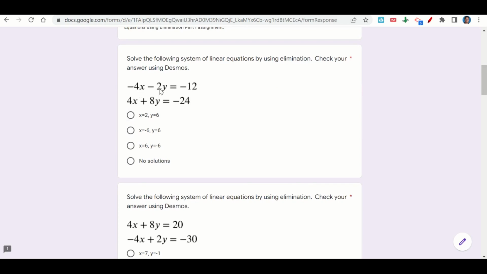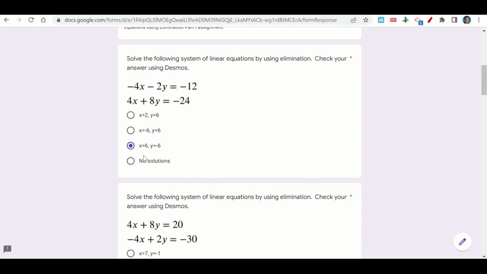And we have negative 2y plus 8y is 6y, and negative 12 plus negative 24 is negative 36. So 6y is equal to negative 36. So we divide both sides by 6, we get y is equal to negative 6. So this one's not going to be the correct answer because it says y equals 6. This one says y equals 6, so it's got to be this one here.